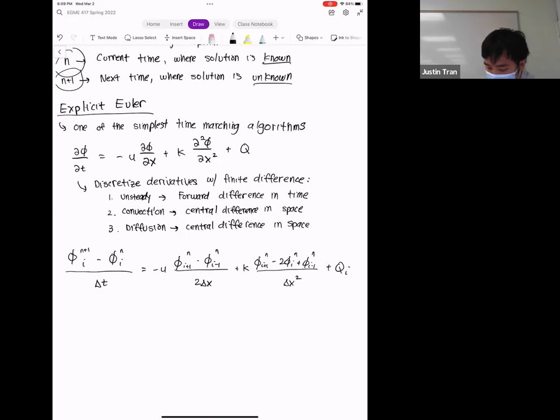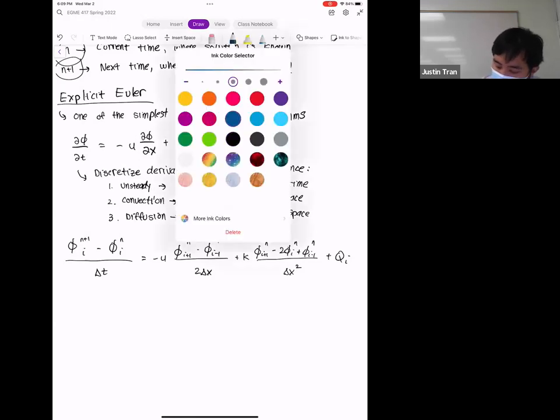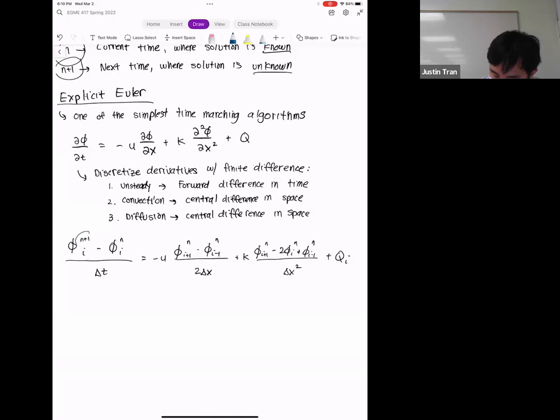Okay. All right, so there's a lot of indices floating around here. So let me make sure to explain every single step. Just like I mentioned as we were writing this down, for the time derivative, notice how I've made the indices n+1 and n because we're taking a forward difference in time.